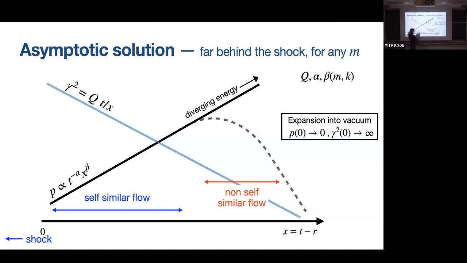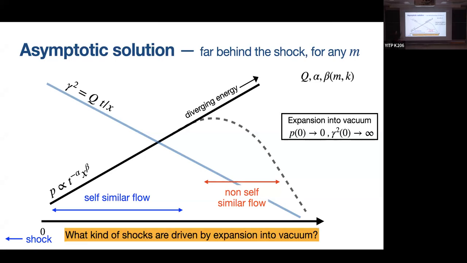And this non-self-similar flow, of course, is not self-similar, so we did not get it self-consistently when we made the self-similar transformation. But if we solve for the entire system, and if we find a solution for expansion into vacuum without assuming self-similarity, we expect to find this cutoff here. So our strategy would be to find solutions that describe expansion into vacuum and then ask ourselves what kind of shocks can be driven by these profiles that expand into vacuum.